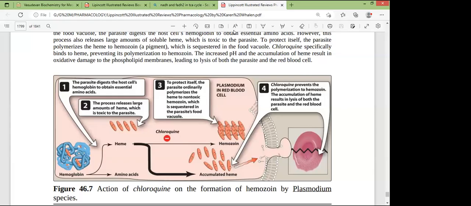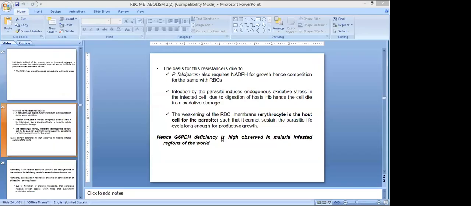That means that oxidative potential is not only dangerous to the parasite, it's also dangerous to the normal cells of this person. So that is why you'll see these antimalarials, not antimalarials in general, you know that term is wrong, but specific antimalarials being contraindicated for people with glucose 6-phosphate dehydrogenase deficiency.